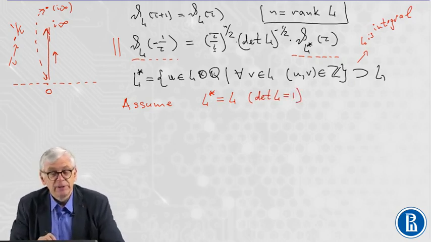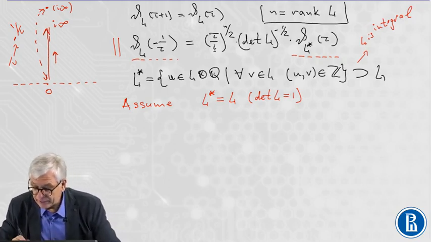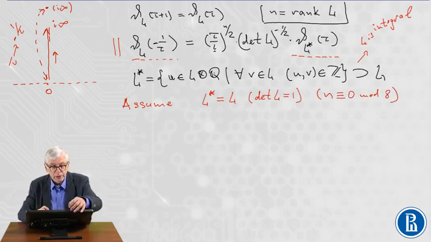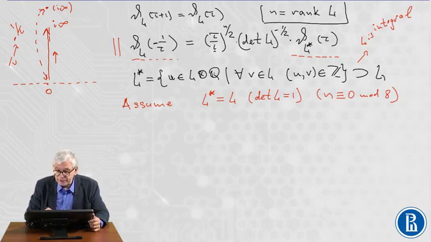We have such a positive definite even integral lattice only if the rank of our lattice, n is the rank of L, is equal to 0 modulo 8. So let's assume that we have a unimodular lattice.